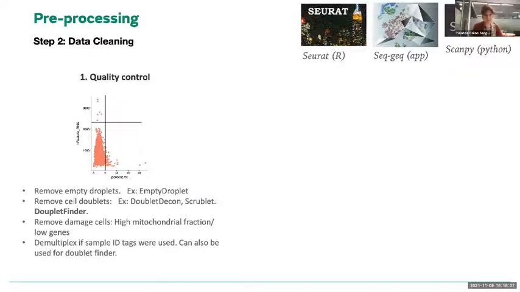All of your cells come in one run, but you then have to assign which sample each came from based on these tags, and I will explain that a little more later. The good thing about this approach is that it is an easier way to also find doublets, because if you have two tags present in one barcode or one drop, it means there were two cells in that droplet.